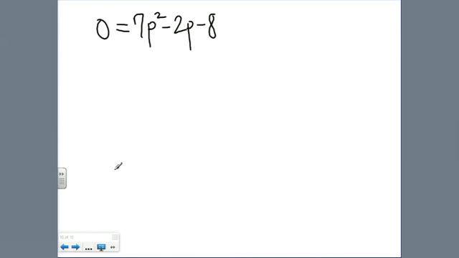If factoring doesn't work or completing the square is too long, you can always use the quadratic formula.